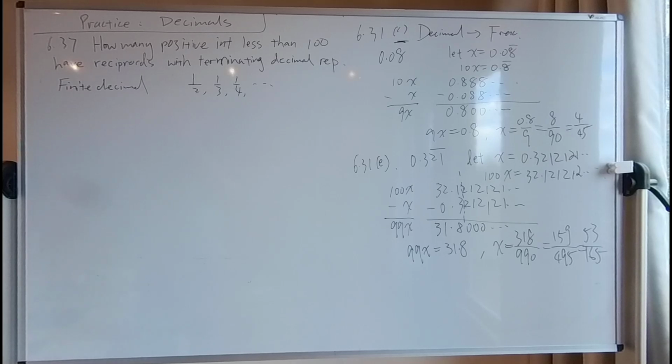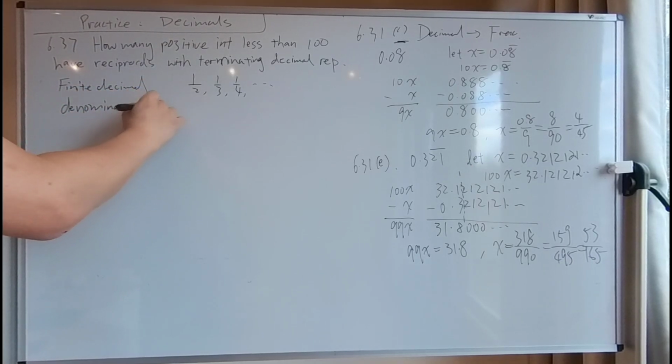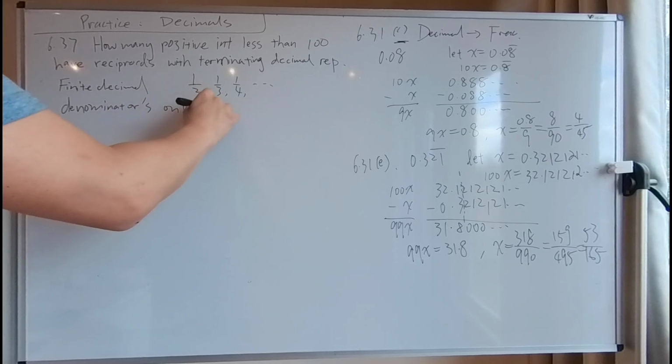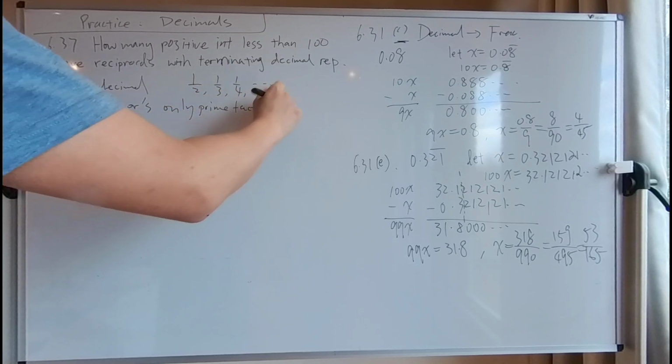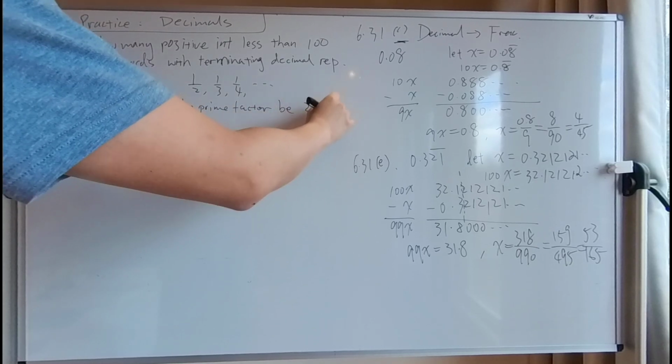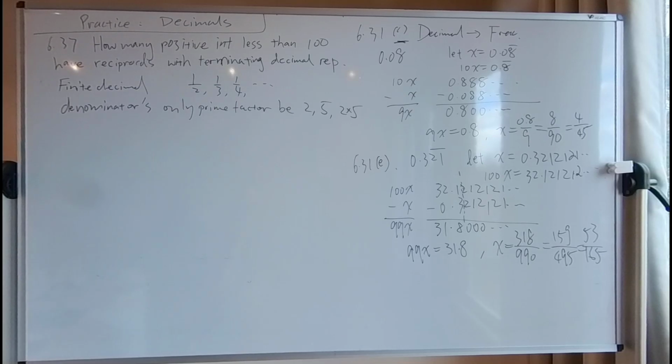Remember what we learned in the last example of the previous class, where we presented a list of the decimal forms of 1/2, 1/3 until 1/10, and we concluded from there that as long as your denominator's only prime factors are 2 or 5 or both 2 and 5, this is the only scenario that can make the reciprocal of an integer a finite or terminating decimal.